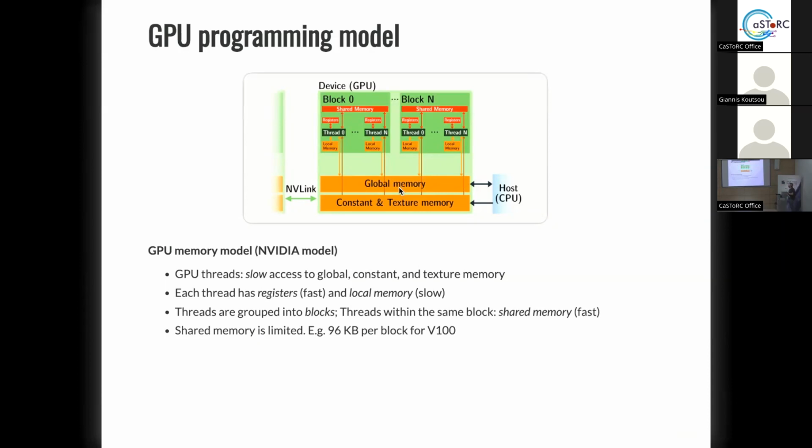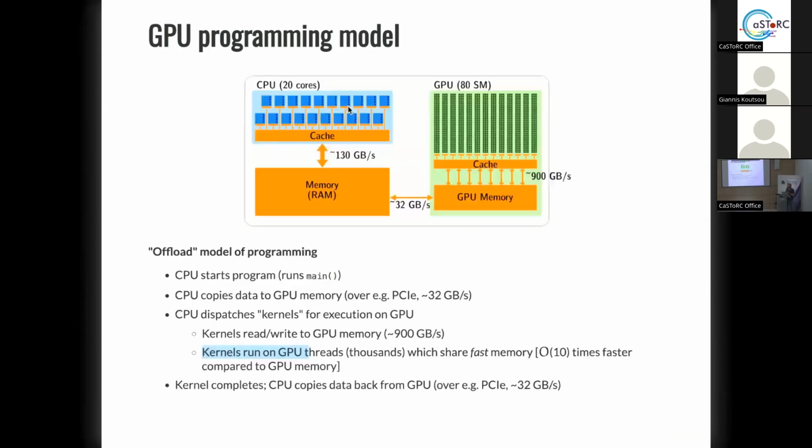And then there is this shared memory, which is memory that sits closer to the GPU cores. You can think of this as something like a cache for the GPUs.